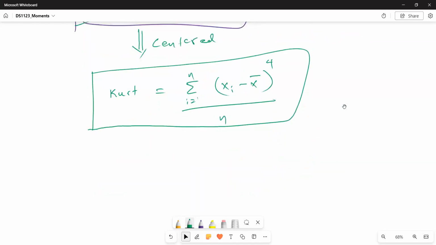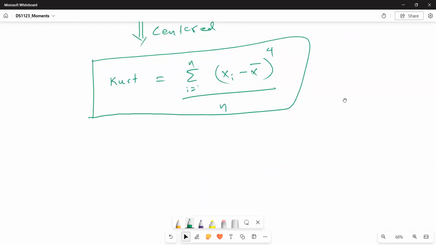Now we have made it independent of the mean. Let's make it independent of the variance. Since we are taking the fourth power, the new formula for kurtosis will be standardized.